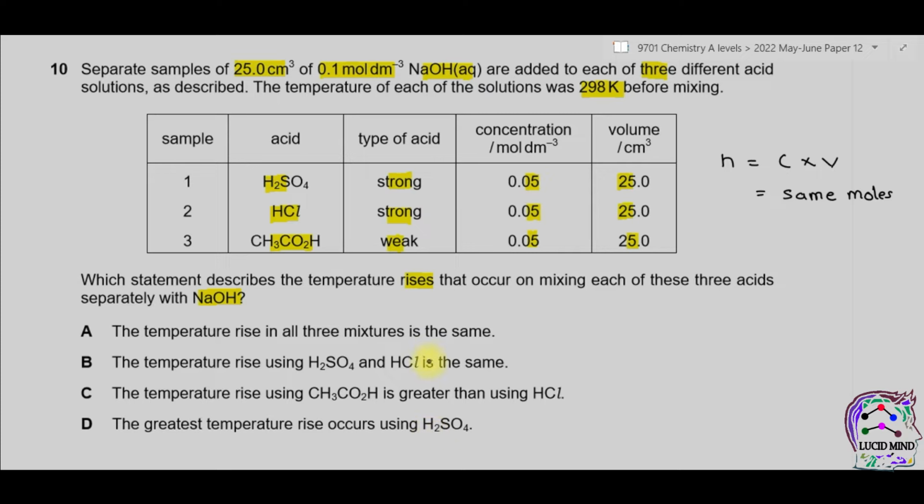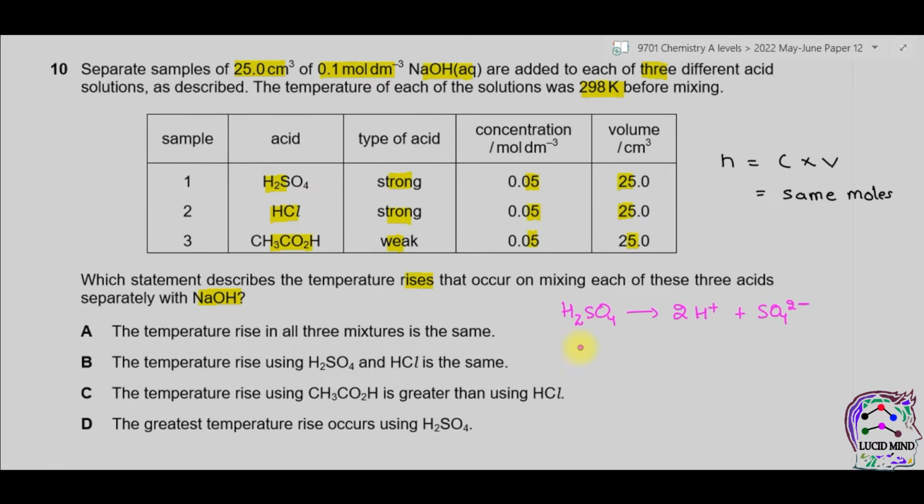So the temperature rise all depends on the neutralization reaction. We know in a neutralization reaction, acid and alkali become salt and water. So let's see how many moles of water will be produced. It depends on how many H plus ions are released into the solution. So we have sulfuric acid, H2SO4. If we take 1 mole of H2SO4, it dissociates to produce 2 moles of H plus and 1 sulfate ion.